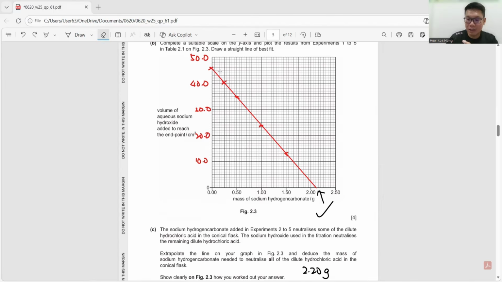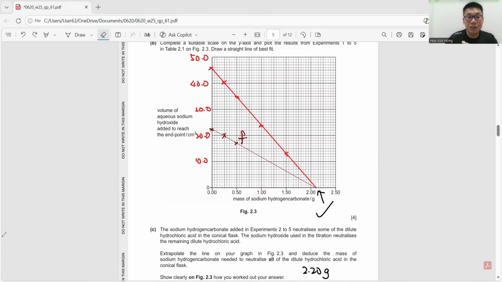So instead of 45.5, it will be around 22 point something. 40 will become 20. 34.6 will become 17.3. So can you see everything will be half of it? Then when we draw the straight line, it will be like this. And then you just label this as F. So we already done C and F.